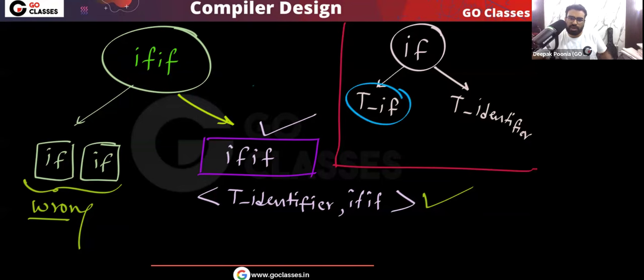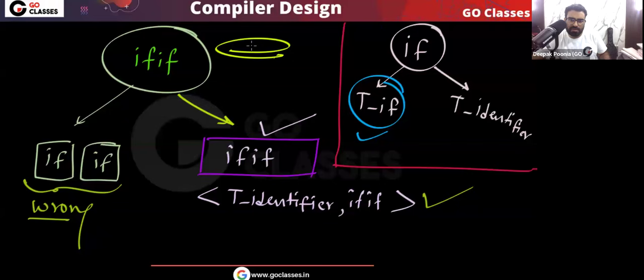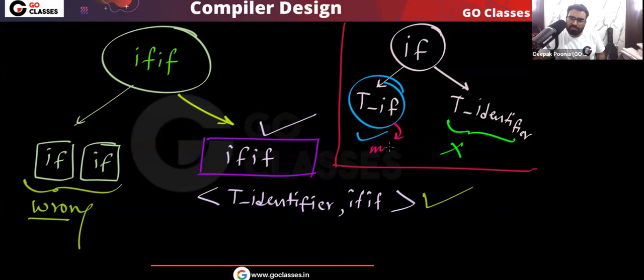The keyword has more priority. When you write the tokens, you will list the keywords first and the identifiers at the end. So this will be the answer, and this will not be the answer, because this token has more priority.